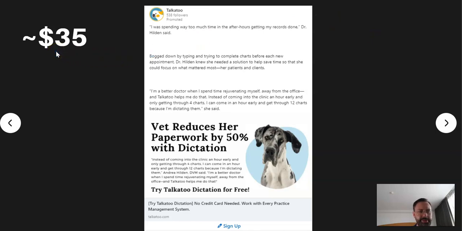So getting people to sign up for around $35. And the whole center of the ad is a case study about somebody who reduced her paperwork by 50% using dictation, which is the product category. And the call to action is to get them to sign up. And I use quotations from the case study in the actual text above the image.